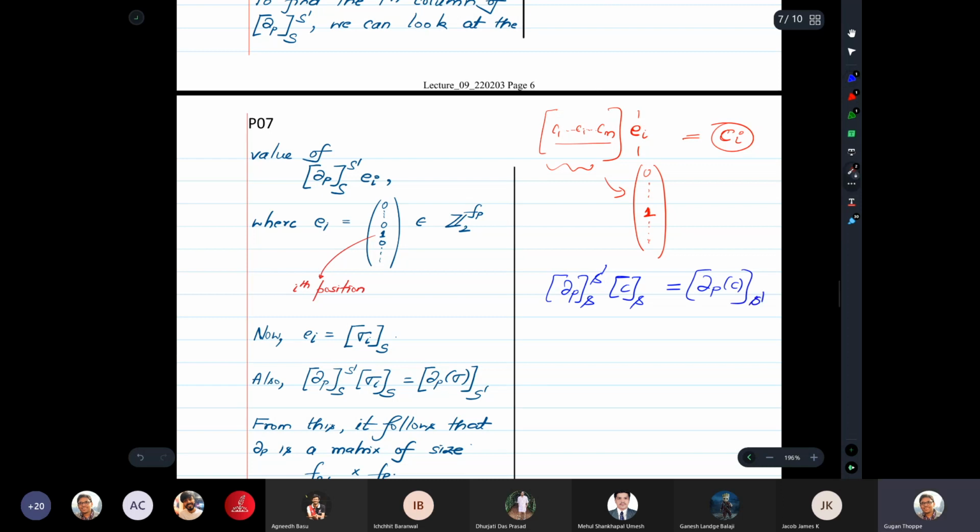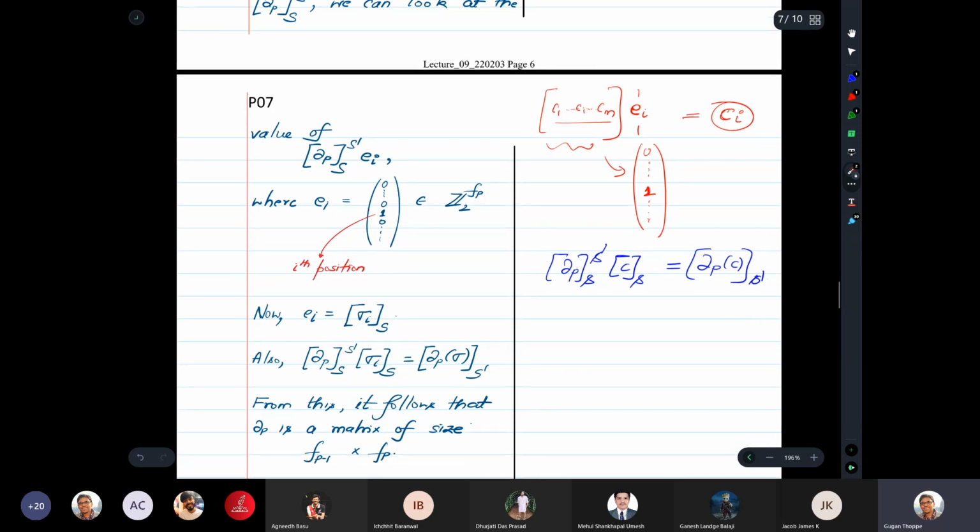Okay, so this relationship must be true for every C, right? So now the question is, how can I do this operation over here? Because if I do this operation, this will give me the ith column of this matrix. So my question is, how do I do this operation? In order to do this operation, I rely on this relationship over here.